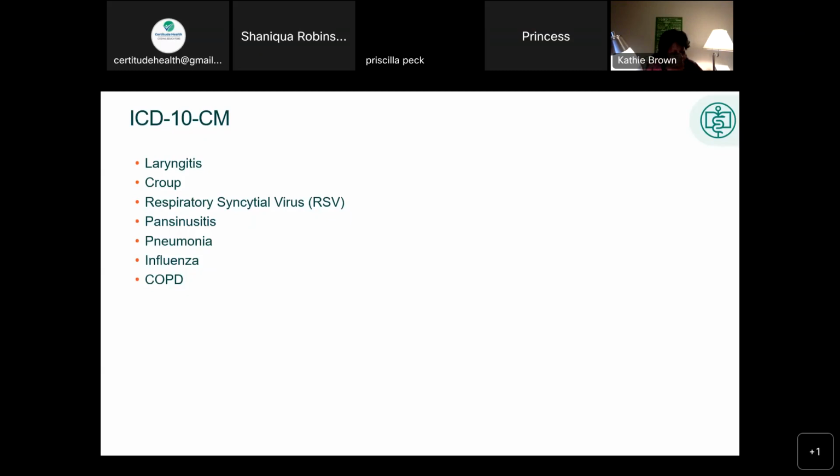The default code of J45.909. But as you look further and go down, if the patient has asthma with chronic obstructive bronchitis, then you have the code J44.9.